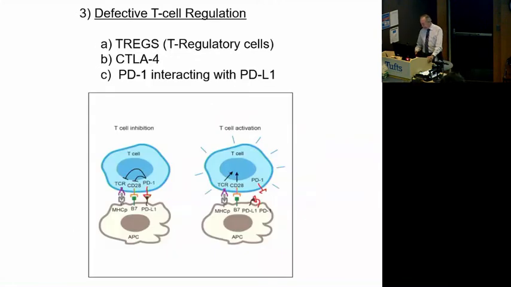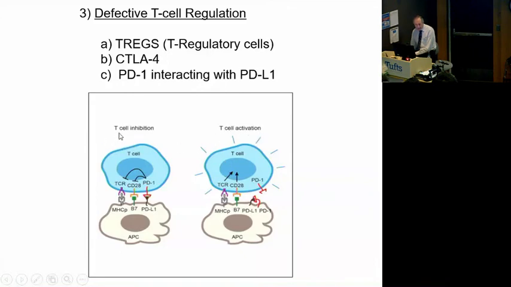Here is, again, the PD-1 interacting with PD-L1. Let me just spend a second on this. Here's a T cell interacting with an antigen-presenting cell. There's the T cell receptor interacting with MHC class 2, and here's CD28 and B7. This is normal. This is T cell activation.